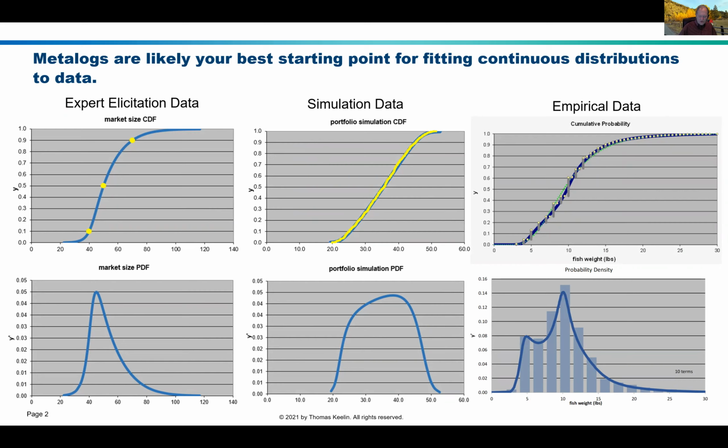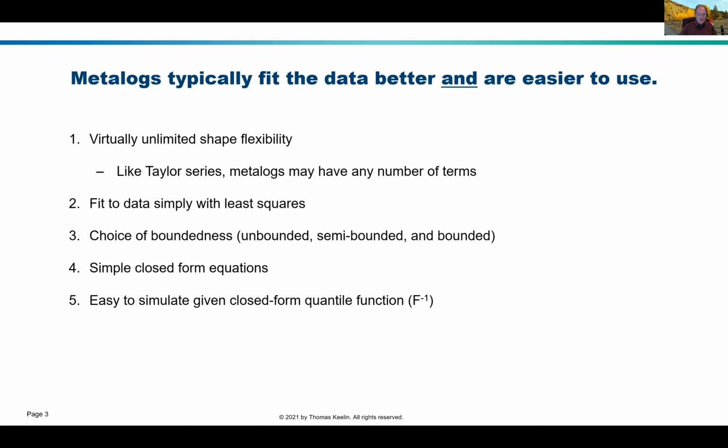So why do I say Metalogs are easier to use and more flexible? Well, Metalogs, first of all, have virtually unlimited shape flexibility. The equations in the Metalog family are like a Taylor series. They may have any number of terms. Practically speaking, Metalogs go from 2 to 16 terms, but you could have more than that if you wanted.